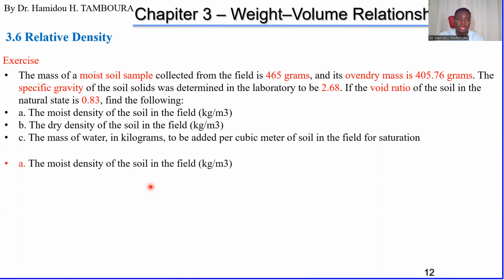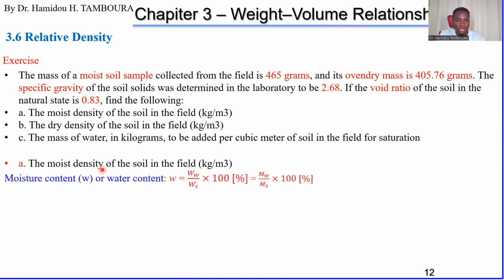So A, let's go for the mass density of the soil in the field. We know that the water content, the moisture content, is given by this formula.